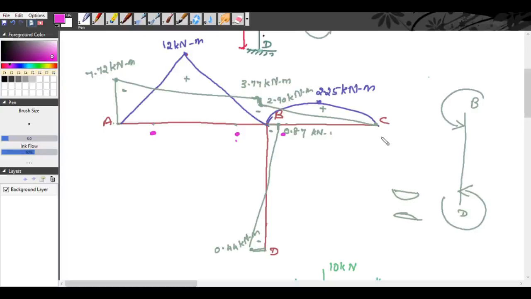Here it is 0. So how will you draw the deflection here? This is hogging, right? So it is like this. Next it is sagging. Next again hogging. Next again pure sagging. In this portion, if it is sagging, it will be like this. Since it is hogging, it is like this, right? So I have marked it this way.